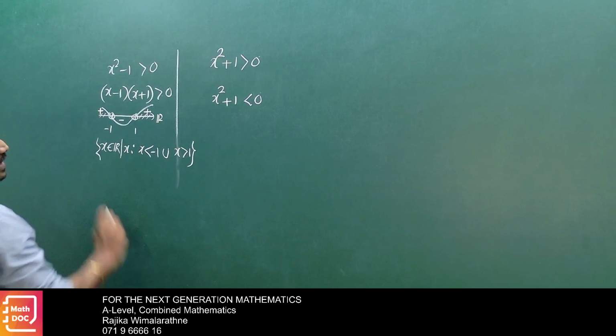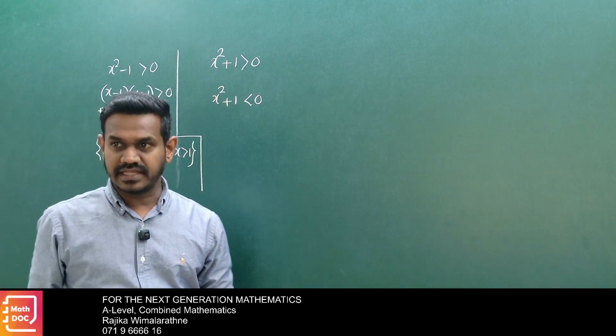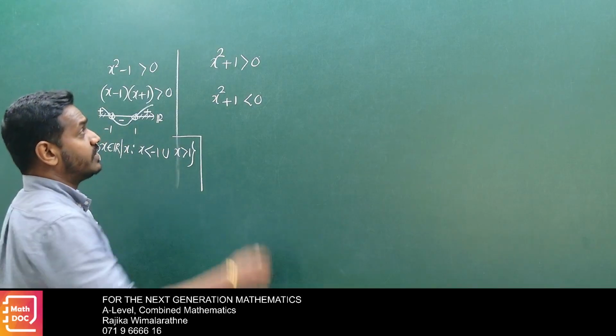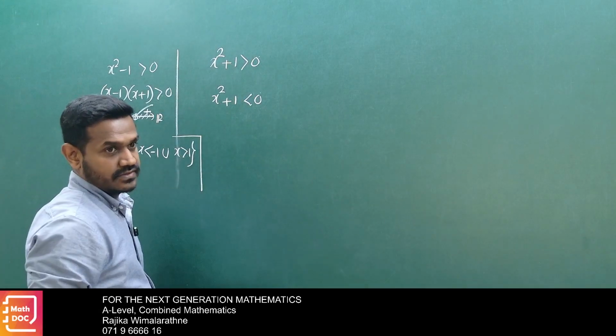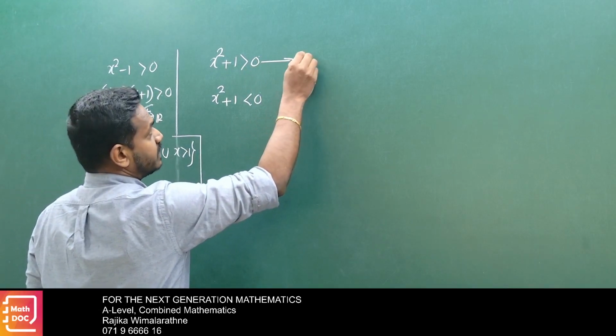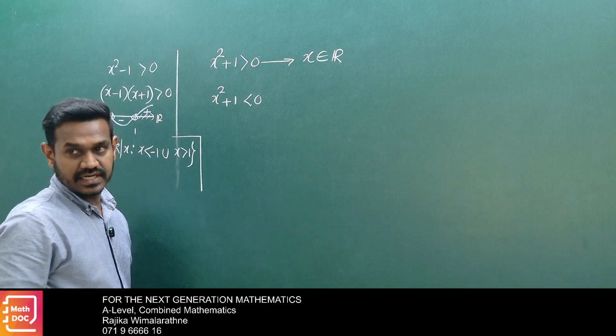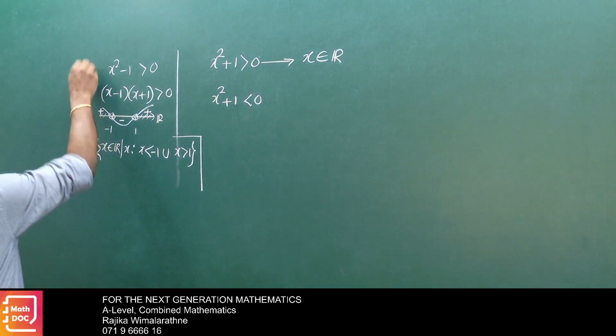Here it is, okay? But when you consider the x square plus 1 greater than 0 inequality, we know x square plus 1 is always positive. Then for any real value this is possible. The solution is any real value, okay?